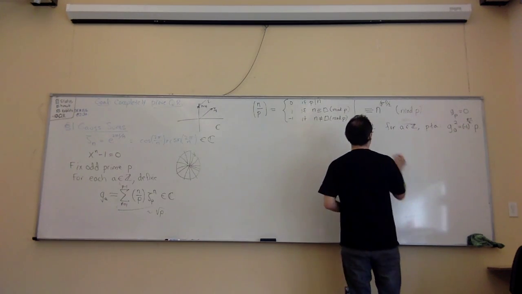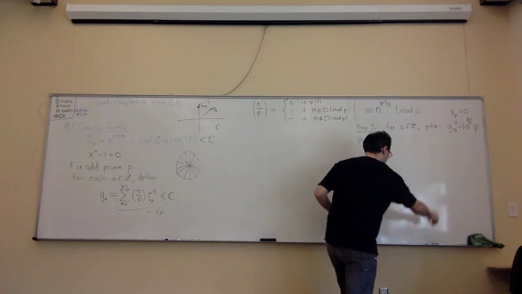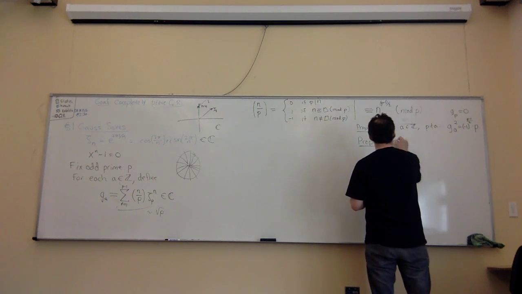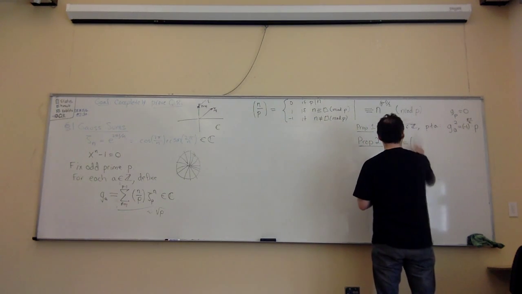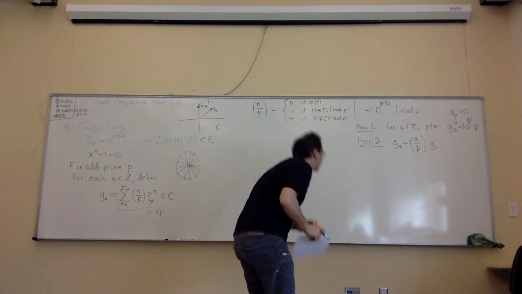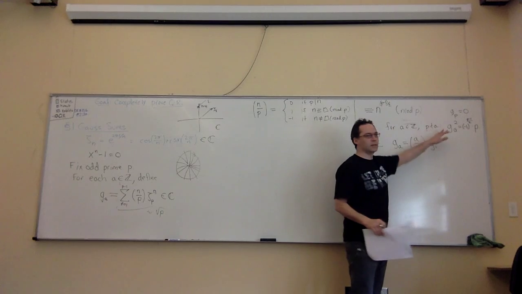Okay, which brings me to proposition 2. Which is g sub a is equal to the symbol a on p times g sub 1. So actually, g sub a itself does depend on a, but the square of g sub a doesn't.